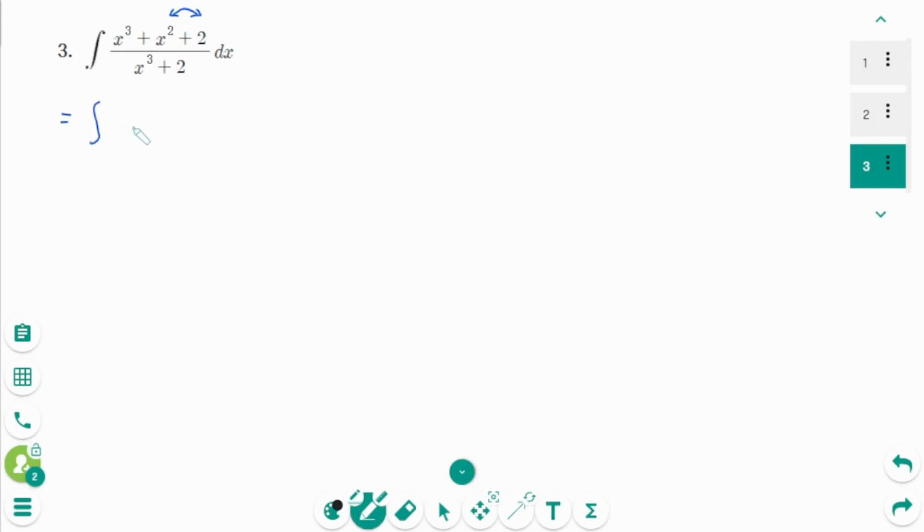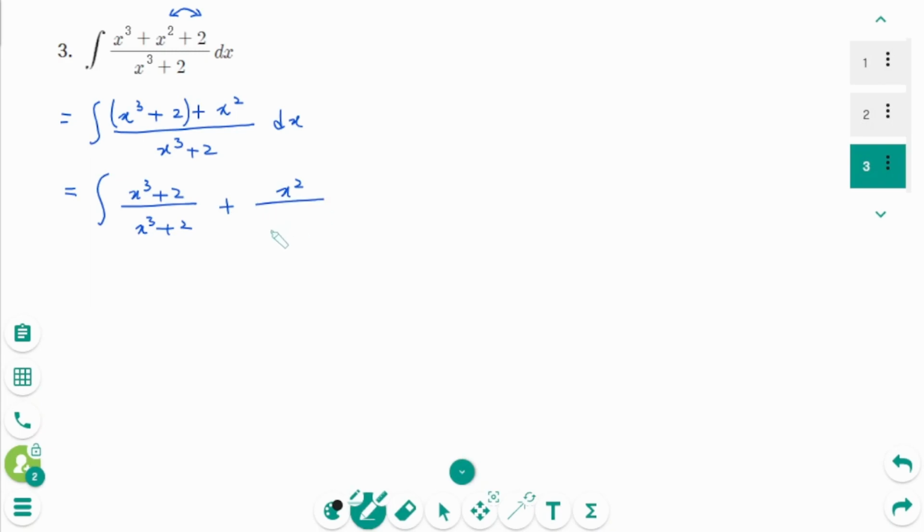So the integral of x cubed plus 2 plus x squared over x cubed plus 2 dx equals, then write separately the integral of x cubed plus 2 over x cubed plus 2, plus x squared over x cubed plus 2 dx.